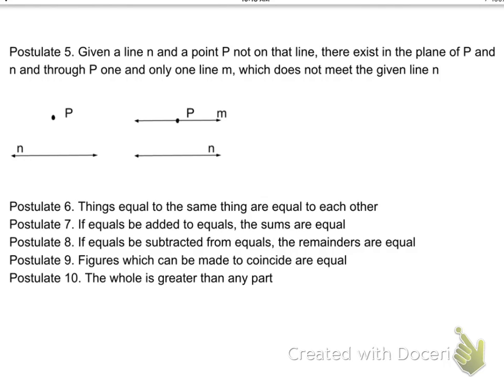Figures which can be made to coincide are equal. If you can take one square and take another square and they match up perfectly, then they are the same. They're equal. And the last one, the whole is greater than any part. Right?